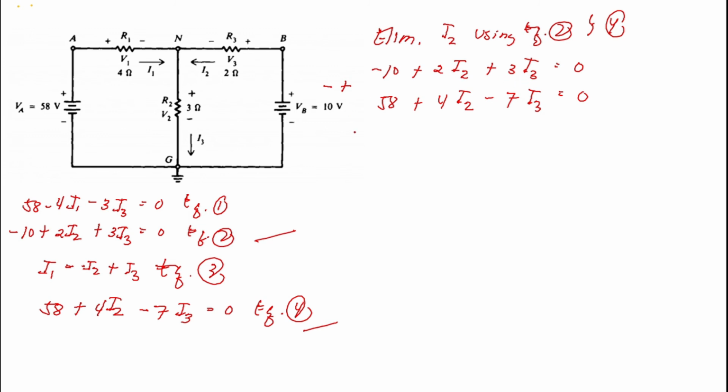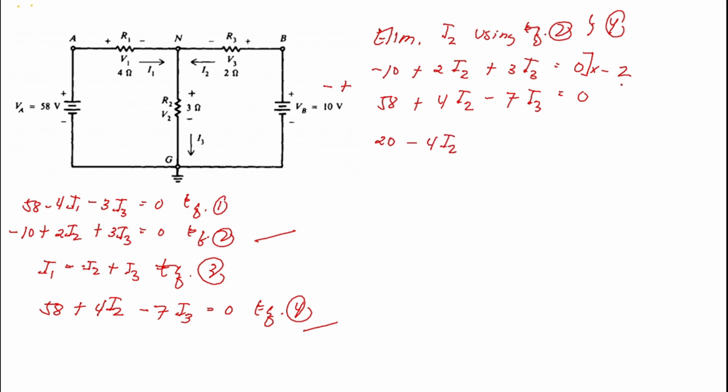Okay? Now, so multiply. So, i-multiply mo ngayon dito yan si equation number 2 sa negative 2. Okay? So, magiging yan, negative 2 multiplied by negative 10 magiging positive 20. So, positive 20 and then multiply negative, positive, magiging negative 4I2.